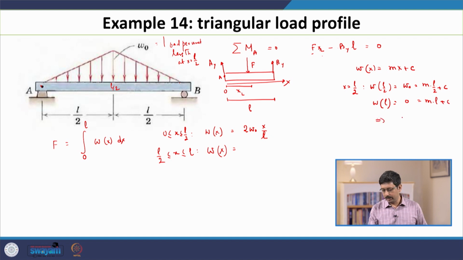So, this gives me c, which is minus mL, and then if you plug it back in the first equation, you get W naught is equal to minus mL by 2, because mL by 2 minus mL is minus mL by 2. That means m is 2 W naught by L with a negative sign. Does it make sense?